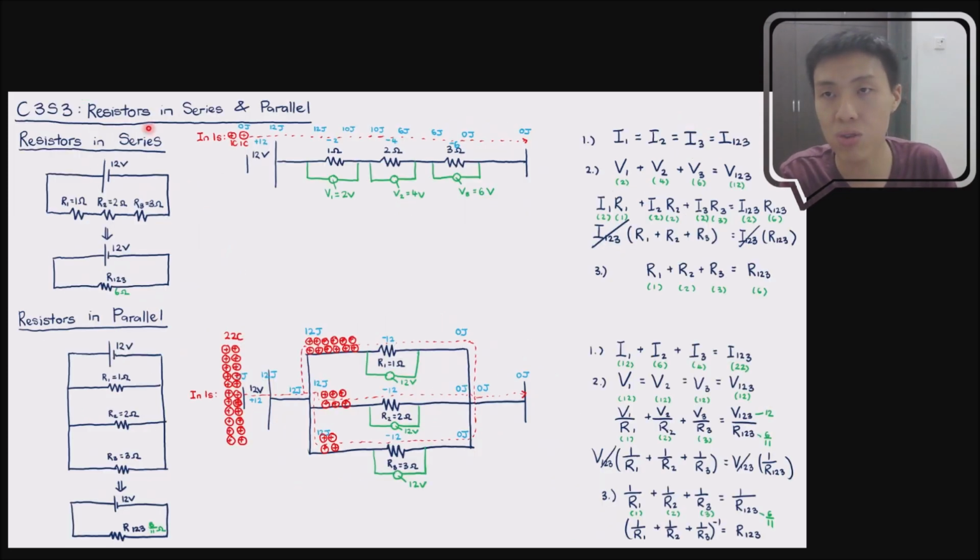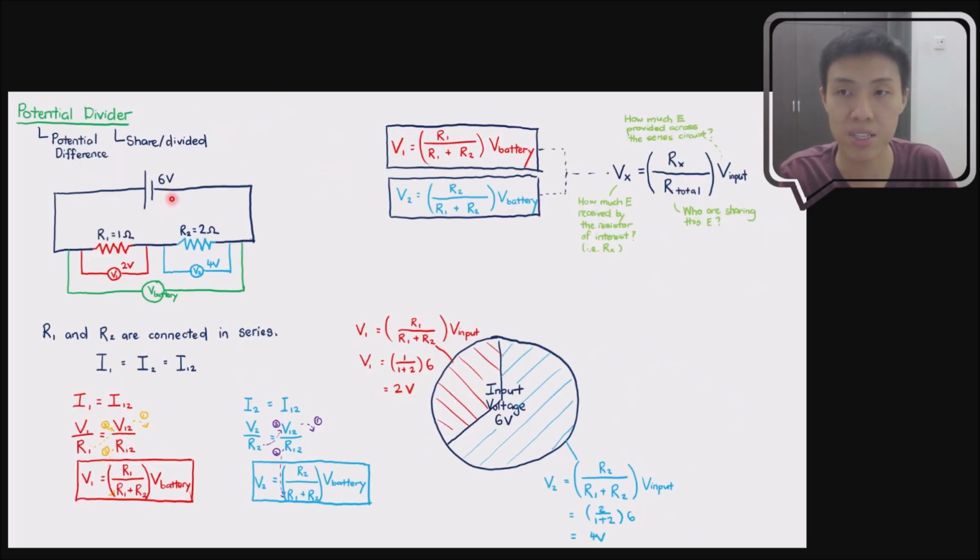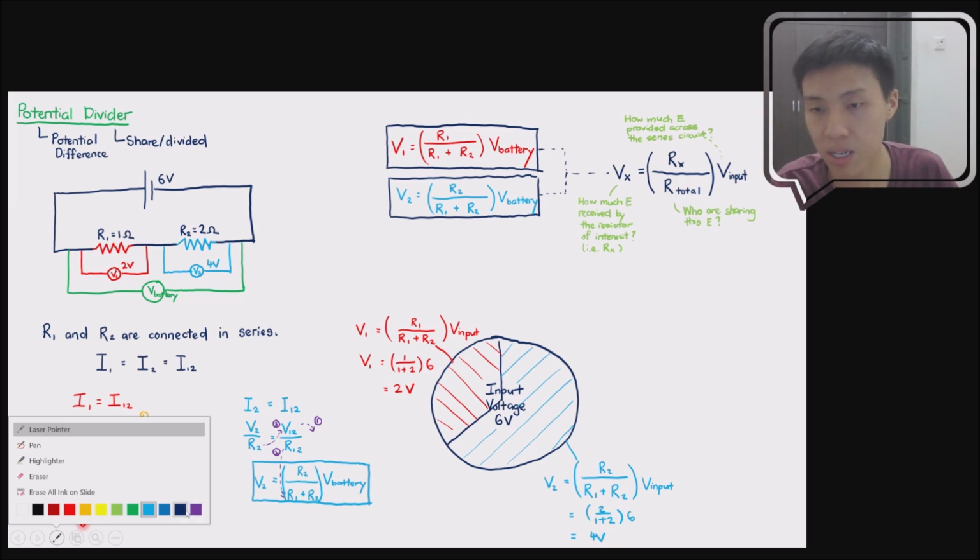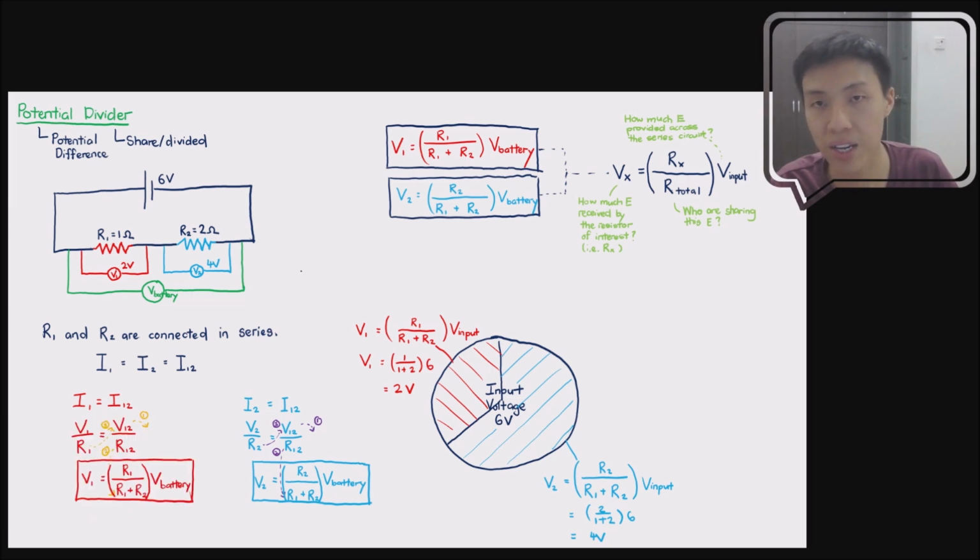If you choose to do it using series and parallel, you still get the same answer. I can say that for the combination, V12 is equal to I12 R12. I know V12 is the battery, so that's 6. R12 will just be 1 plus 2, so I12 is equal to 2.